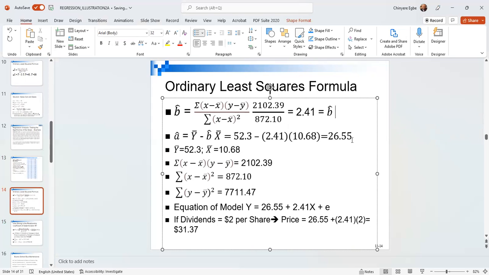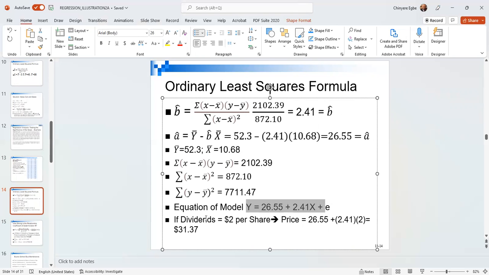This is B hat. This is A hat, which is the constant. Once you use these two values, you create a model equation.